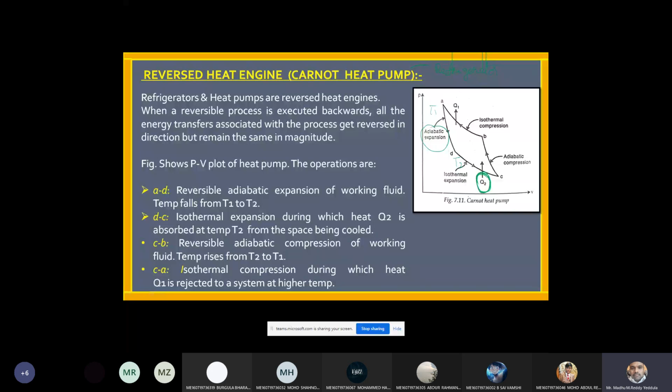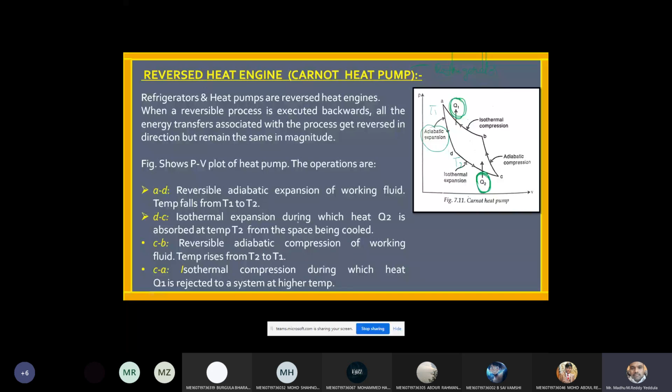If you recall the working of a refrigerator or heat pump, we are taking heat from the lower temperature body and rejecting heat to the higher temperature body. In order to do this process in reverse, we are supplying work for both refrigerator and heat pump. We need to add the work because here the heat is flowing from the lower temperature body to the higher temperature body.